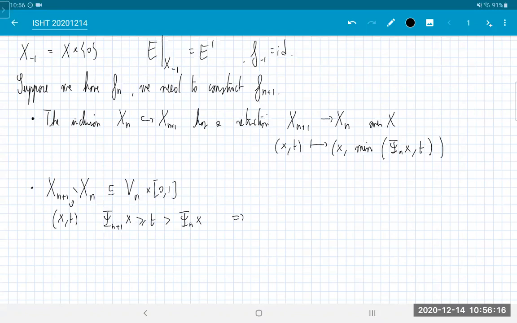So in particular, this means that little psi n of x is non-zero, because that's the difference. And so x is in Vn by the partition of unity.